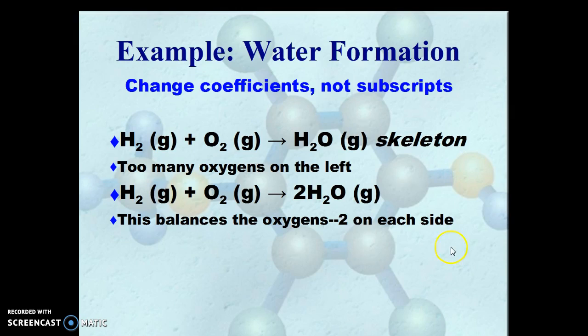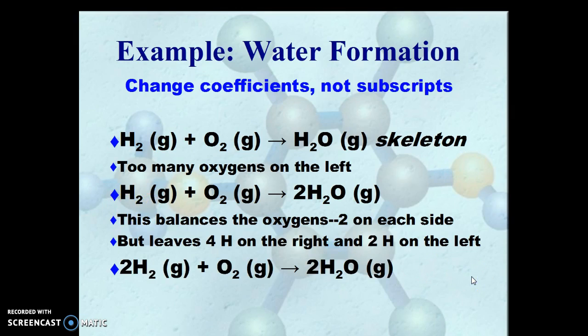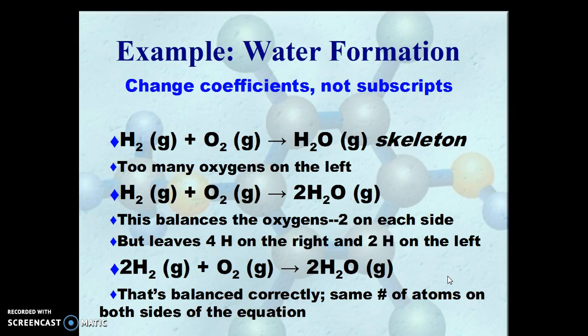This balances the oxygen. There's 2 on each side, but there's 4 hydrogens on the right and 2 on the left. There's not enough hydrogens on the left. And so we now multiply the hydrogens by 2, and we have a balanced equation. The same number of atoms of each, hydrogen and oxygen, on both sides of the equation.